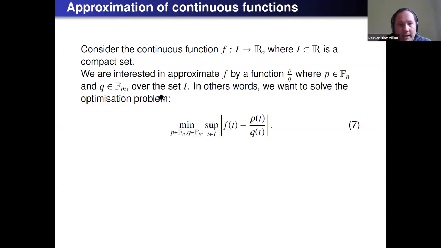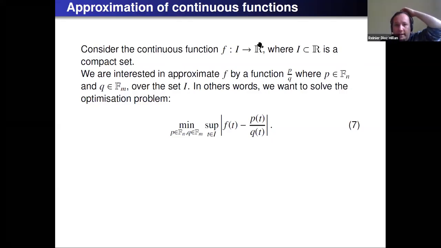Thinking in application to other kinds of problems. Of course, when p and q are polynomials, they are included in f more than f in p, okay? And then we need to minimize in p and q the maximal deviation function.